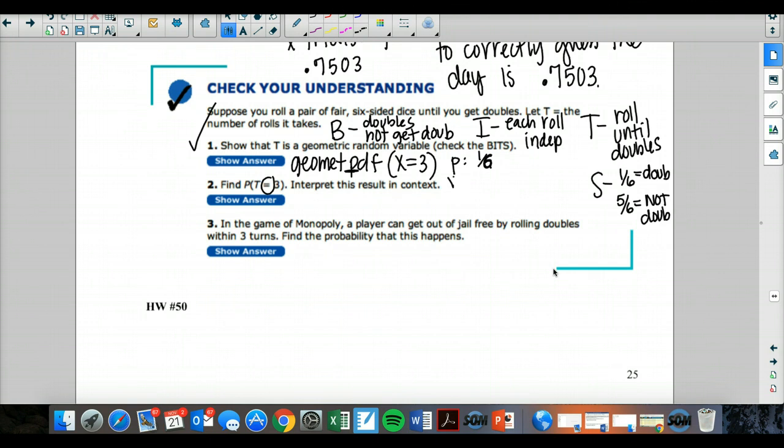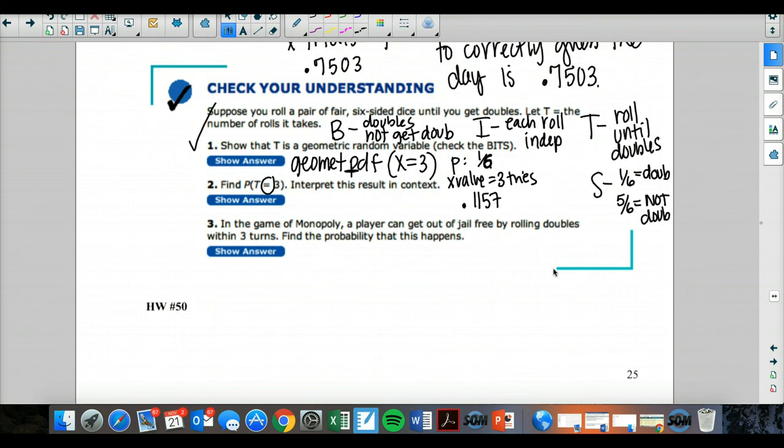My x value is 3 tries. Okay, so 1/6, 3 tries, paste. So there is a 0.1157 chance that they will get it on the third try. So exactly the third try. So interpret this result in context.